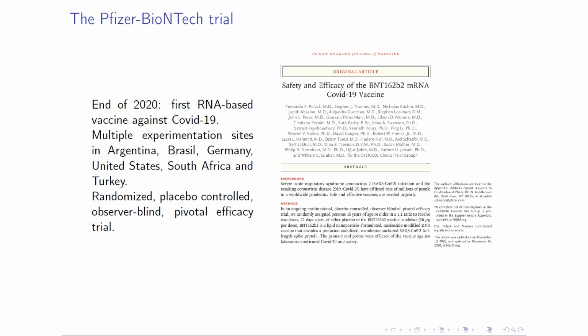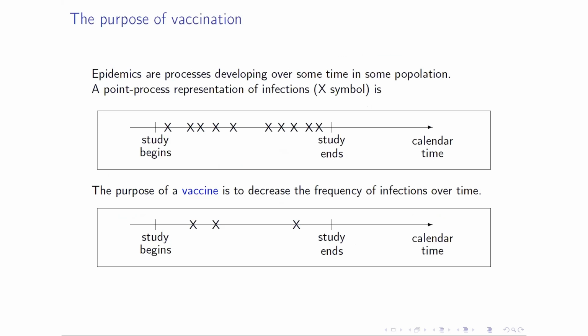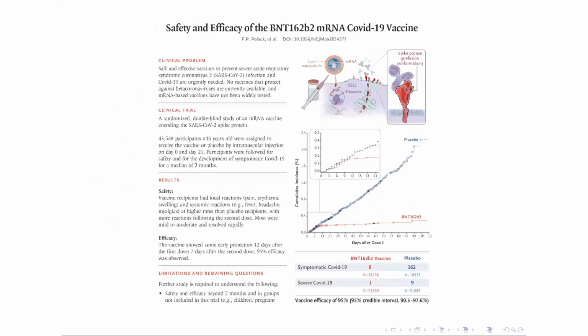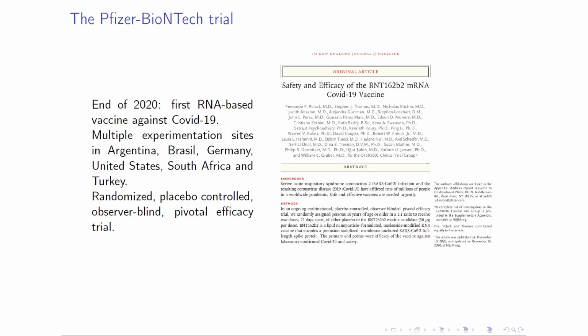The experimentation time, the one I mentioned before, remember, study begins, study ends here. So the experimentation time was around late summer 2020 in both hemispheres. It was a randomized, placebo-controlled, observer-blind, pivotal efficacy trial for what we call an orphan drug.